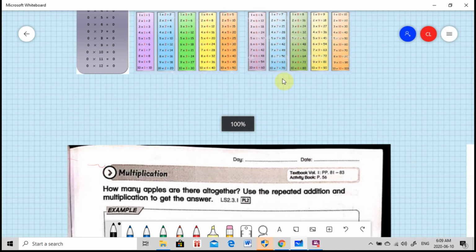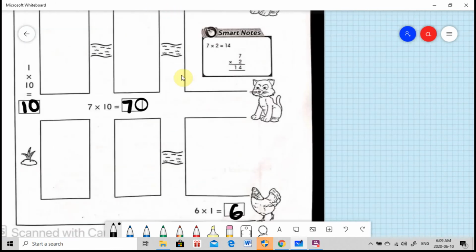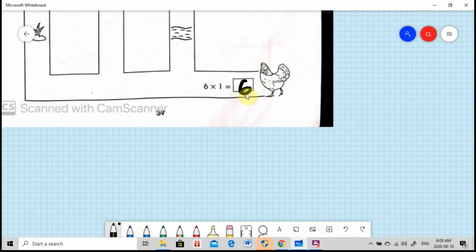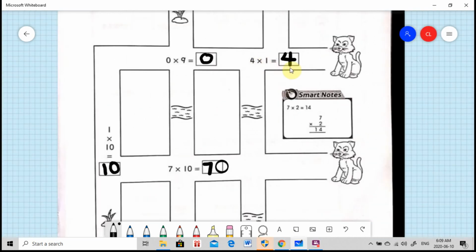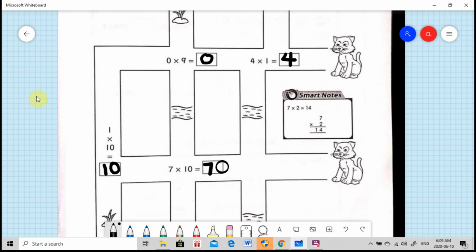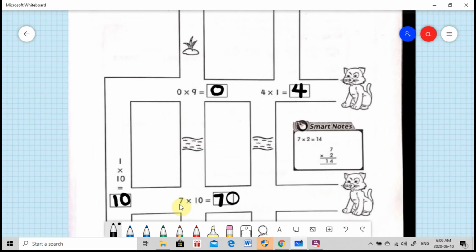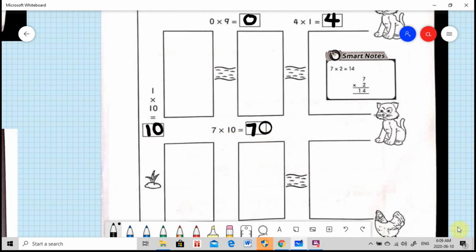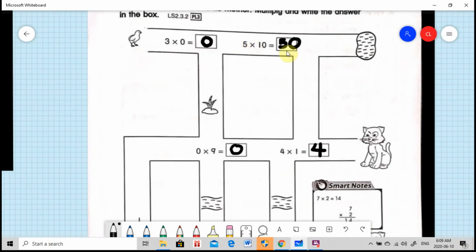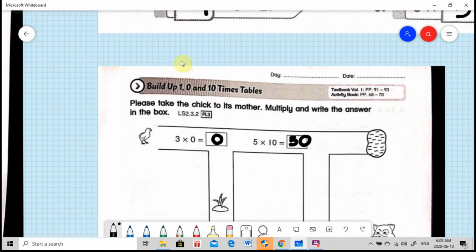So if we move down here, 6 multiplied by 1 is 6, and we have here 4 multiplied by 1 is 4, right? Now what about the tens? Right? What about when you multiply with tens? Right? 1 times 10 is 10, 7 times 10 is 70, right? And 5 times 10 is 50, right?